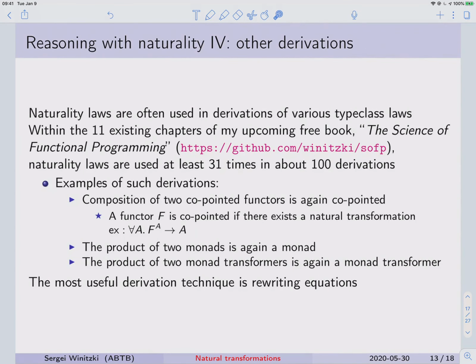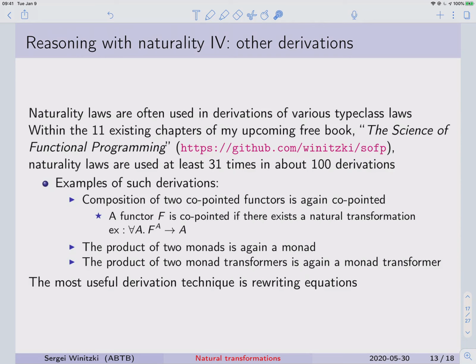Naturality laws are very often used in derivations of different laws of different type classes. So I'm writing a book which is open source and available at this address, this URL. And in this book, which I call the Science of Functional Programming, I have many derivations, about 100 at this point, with about 11 existing chapters.